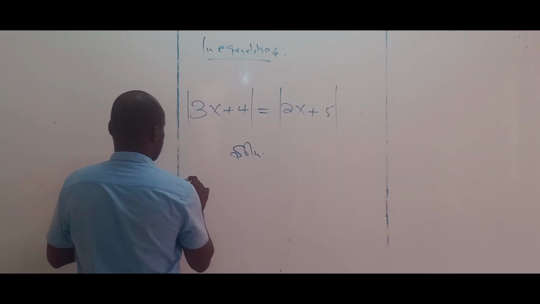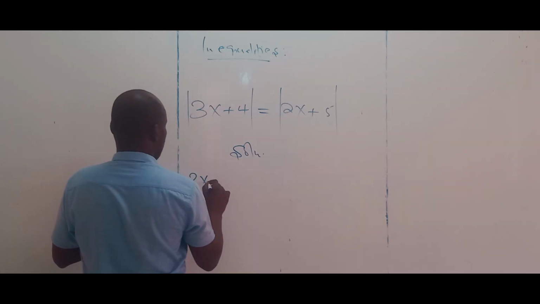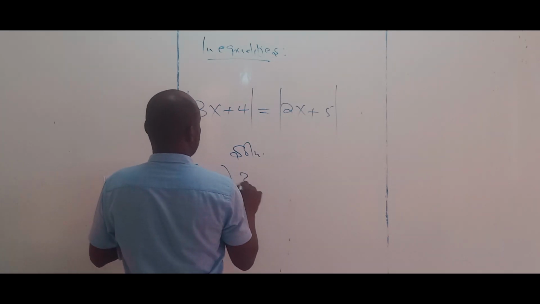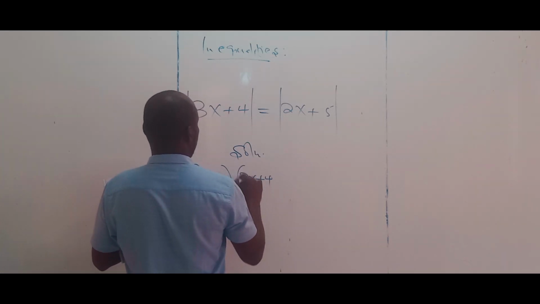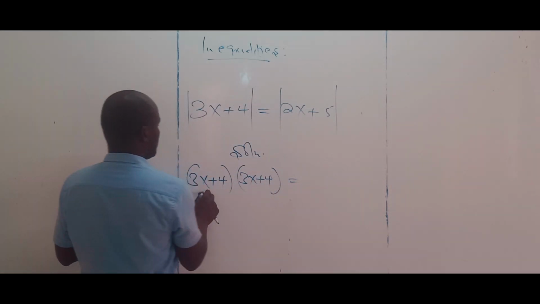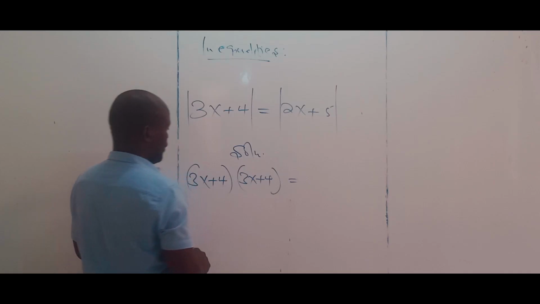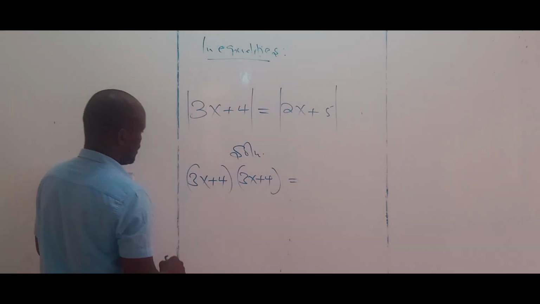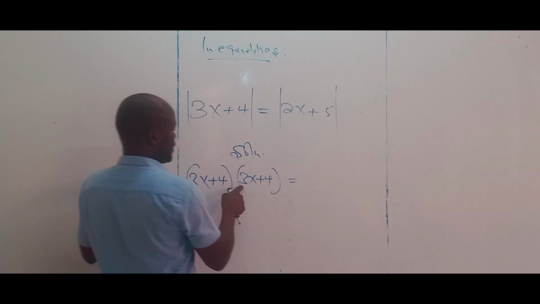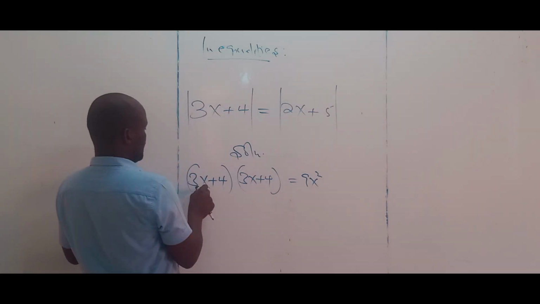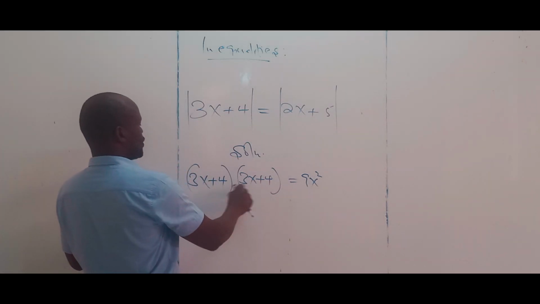So I would first say 3x plus 4 times 3x plus 4. That would give me this by this. When we are expanding two expressions, we first take this by this, and that gives us 9x squared. And then this by this, which gives us plus 12x.